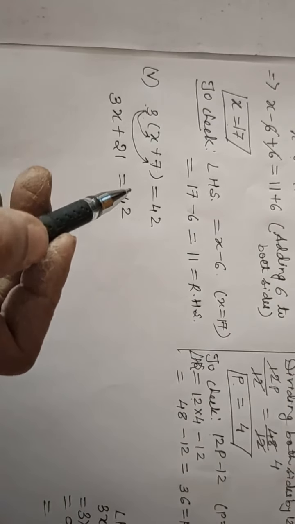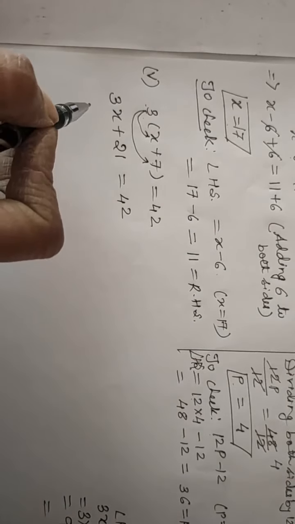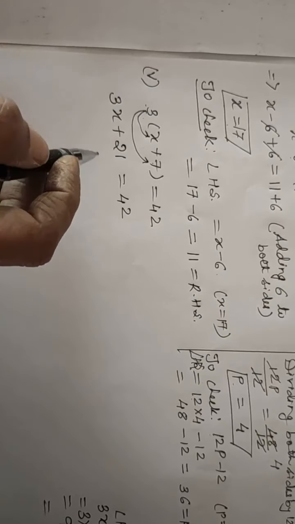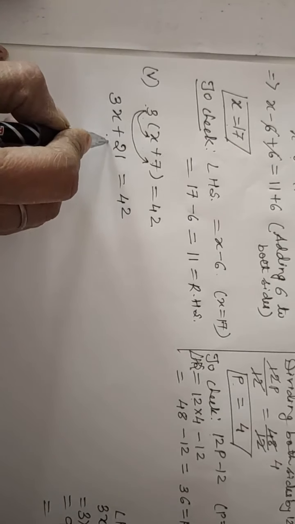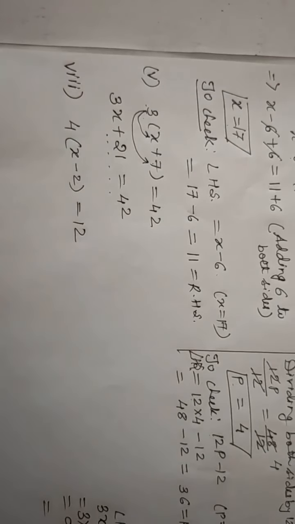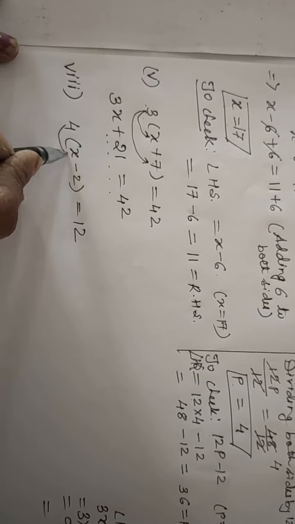So in this sum you can do it in this way. Now let's move to the 8th example, after this you have to complete this sum. The same type of sum is there, the 8th example, where we have 4 into (x minus 2) is equal to 12. So what you will do, again you will simplify the bracket.